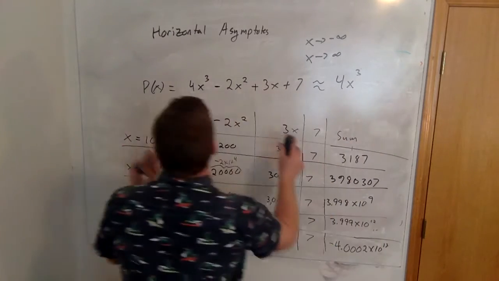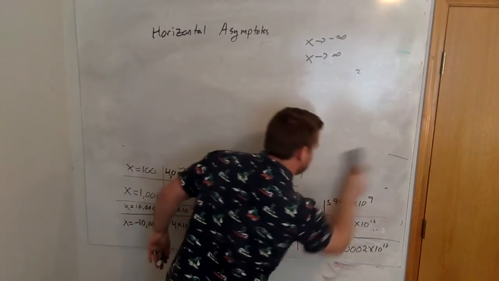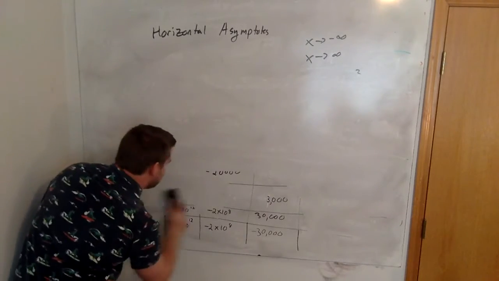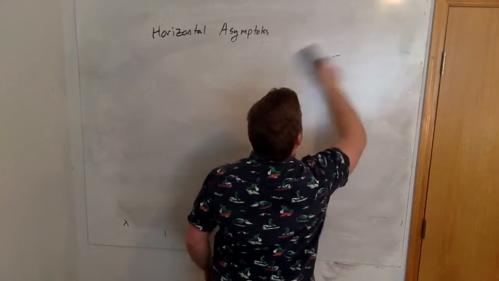Okay, so now let's go ahead and talk about horizontal asymptotes. When we're talking about the horizontal asymptote, these are properties of rational functions.